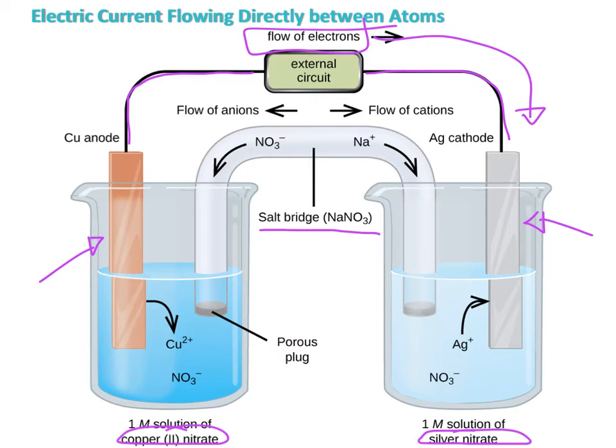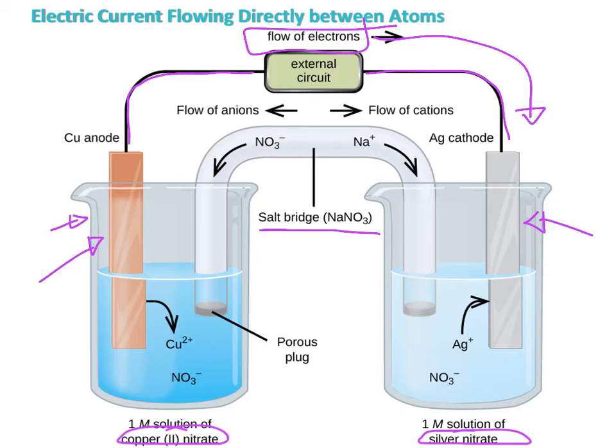In one of these beakers, because they're beakers that we have pictured here, is our oxidation half cell, and in the other beaker is our reduction half cell. You can tell which one is which based off of where electrons are flowing.